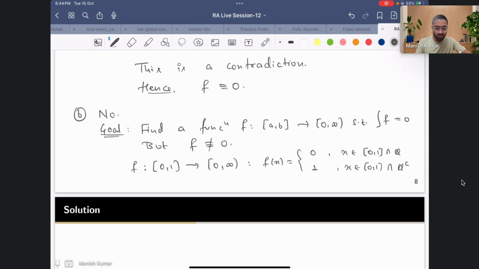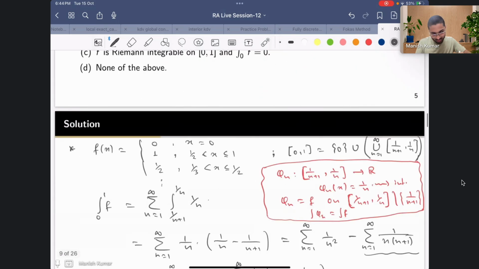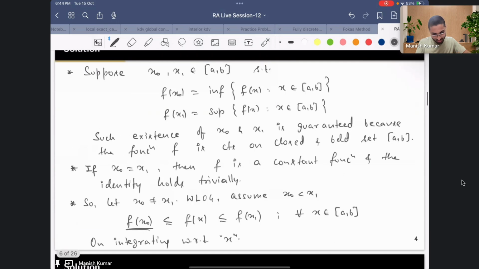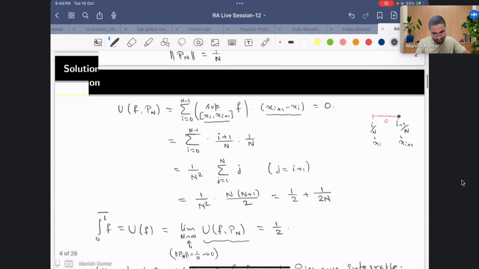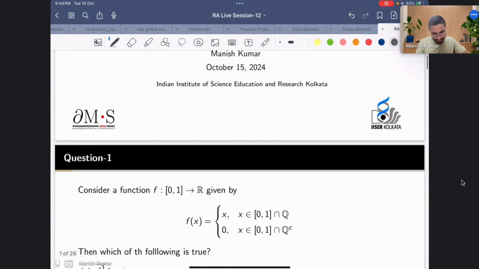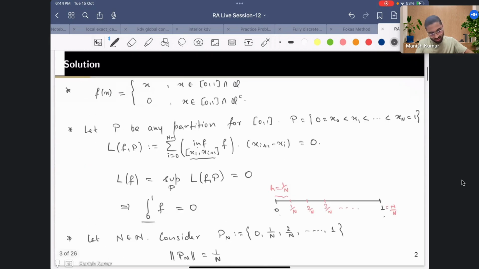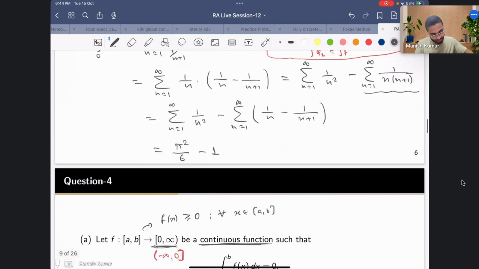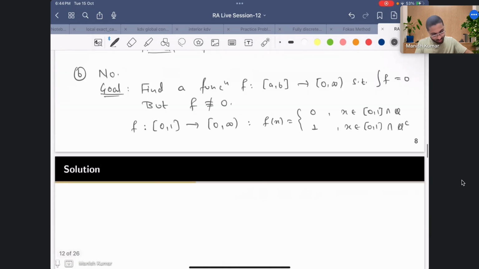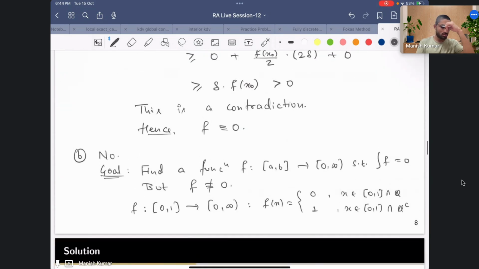But then this is not integrable, right? I think we proved it here. This was our first example. Is it Riemann integrable? No, this is not Riemann integrable, right?